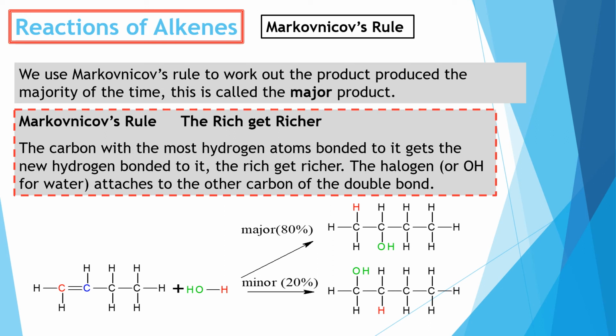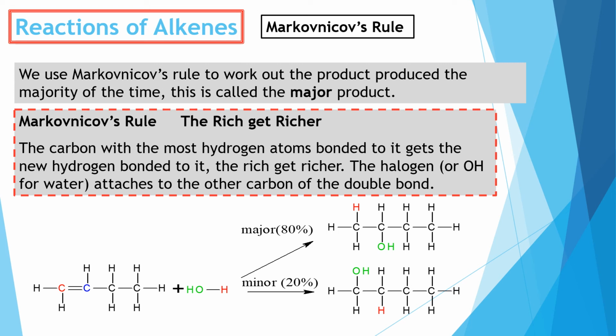If you look at it here, you can see that on the left, the red carbon is the rich one. So where's the hydrogen going to go? It's going to go to the rich carbon, and now that carbon is going to have 3 hydrogens the majority of the time in this reaction. Let's say, for instance, that 80% of the time, the hydrogen goes to the rich place. But sometimes we will get the other product made, and 20% of the time, we get the minor product made.